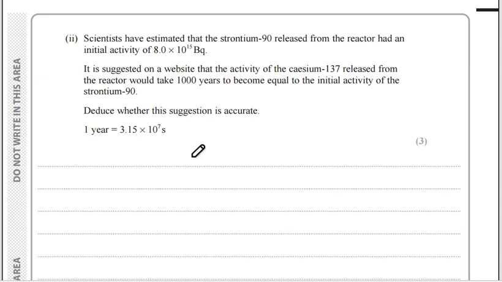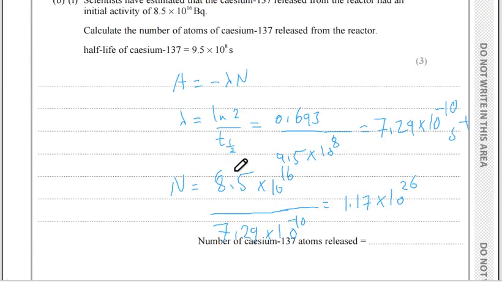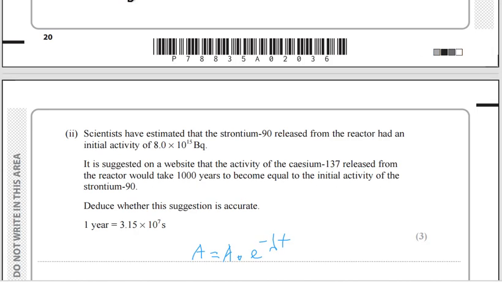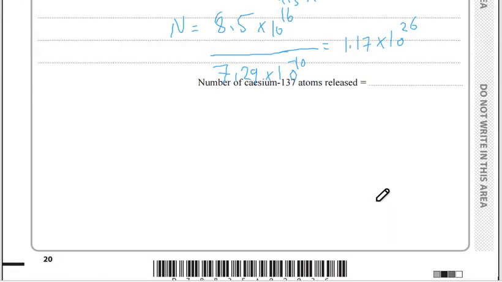So we should first calculate the activity after the time given here. We have A0 given before. Okay. And we calculated lambda.